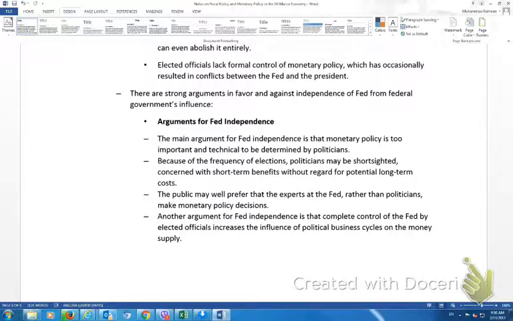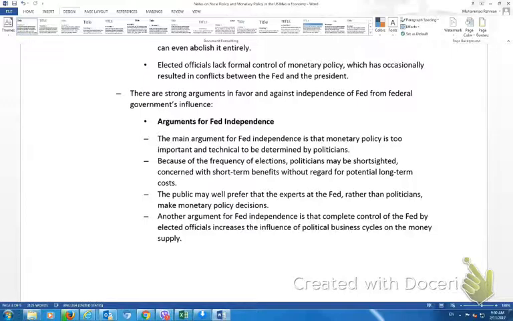The main argument for Fed independence is that monetary policy is too important and technical to be determined by politicians who basically do not have the academic or theoretical background, or in some cases empirical background, to understand these policies altogether. Because of the frequency of elections, politicians may be short-sighted, concerned about the short-run benefits without regard to potential long-term costs and consequences of their monetary policy.